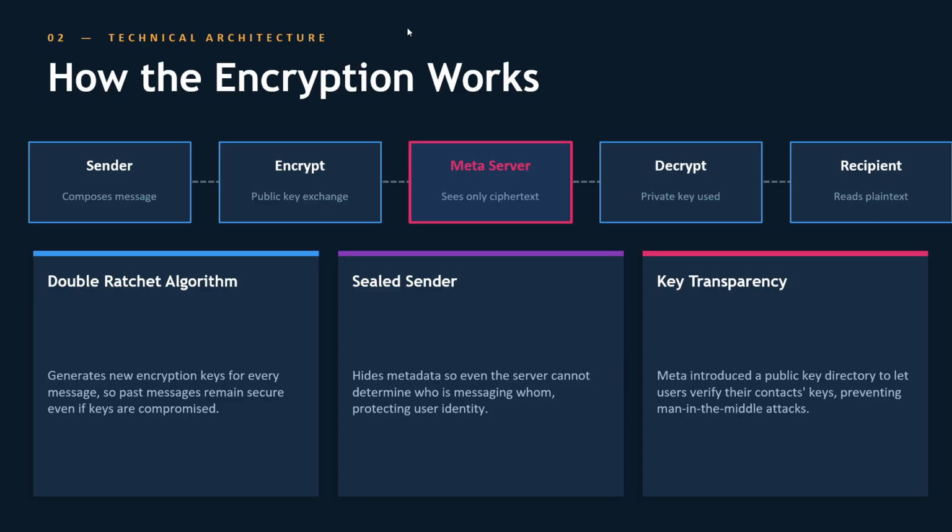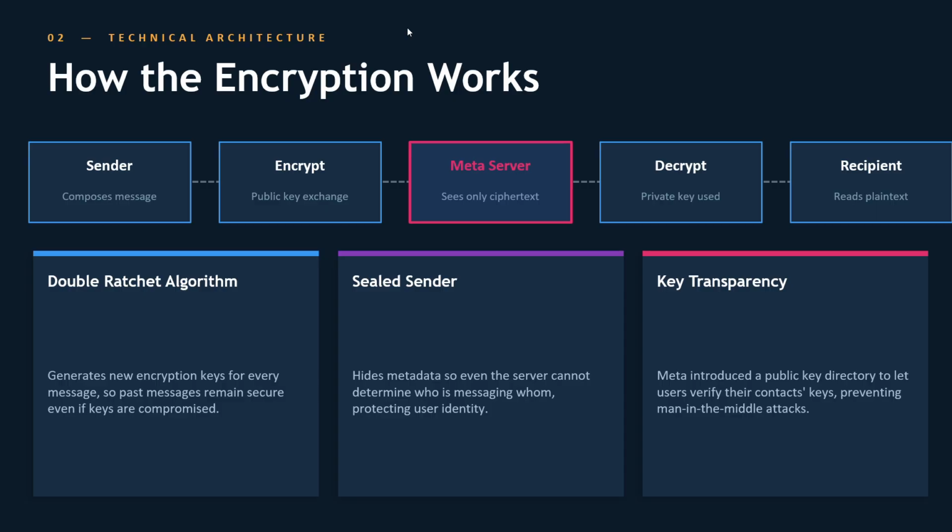Three technologies power this. First, the double ratchet algorithm. This generates a brand new encryption key for every single message. So even if one key were ever compromised, past and future messages remain protected. Second, sealed sender.